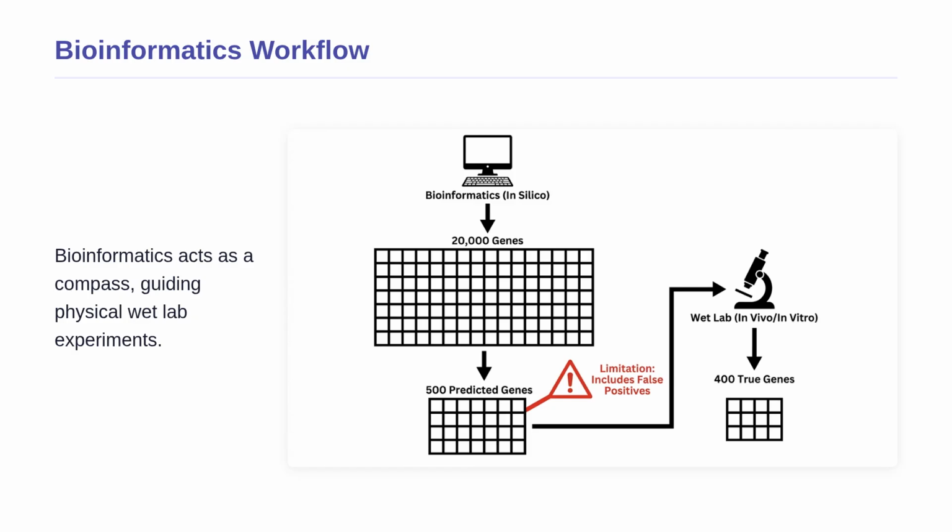Therefore, the workflow must move horizontally into the wet lab, represented by the microscope. Through physical in vivo or in vitro experiments, biologists test those 500 predictions to filter out the noise, finally arriving at the 400 true genes. The computer does not replace the lab, it simply tells the lab where to look.